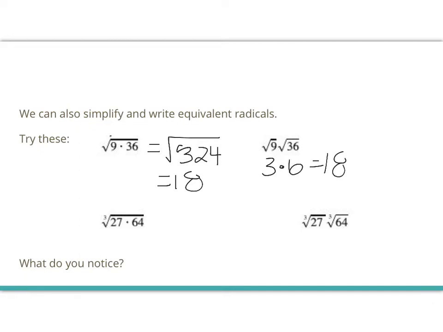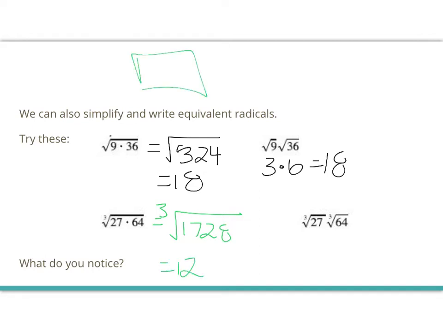So note that it doesn't matter if the numbers are multiplied underneath the same radical or if they are multiplied next to one another under their own radicals. Same thing will apply if we've cube rooted something. We multiply these underneath the cube root first and we get 1,728 when we cube root that in our calculator.